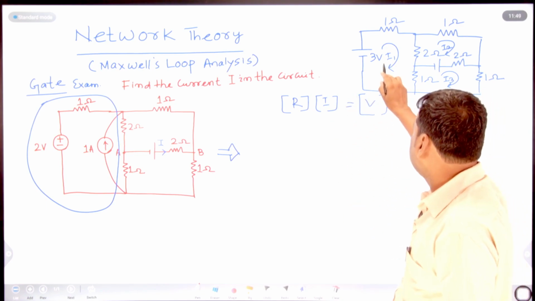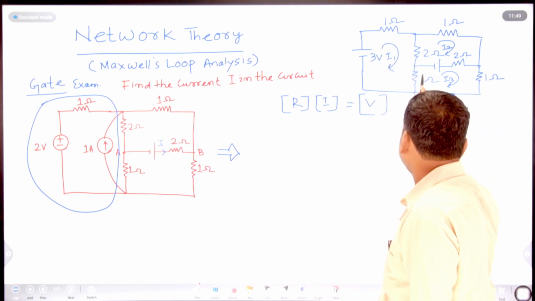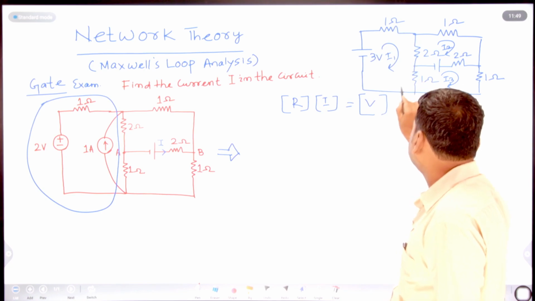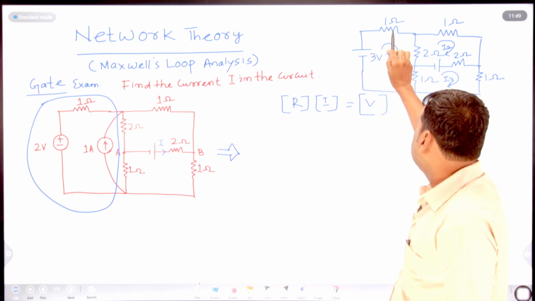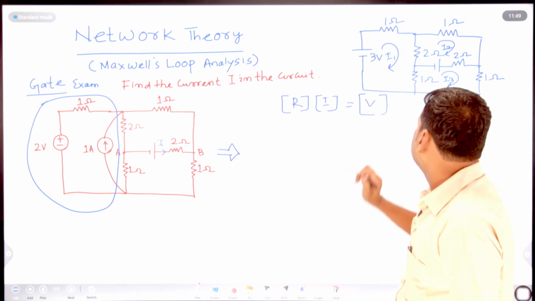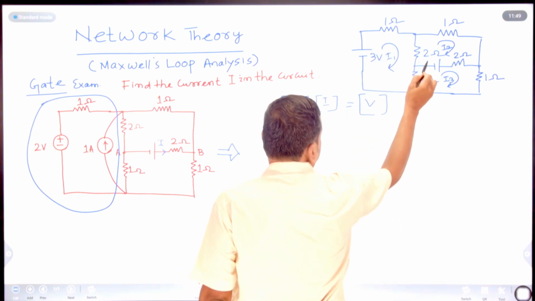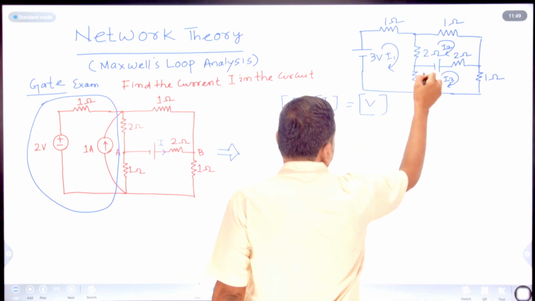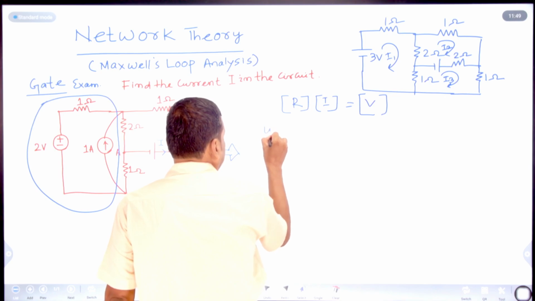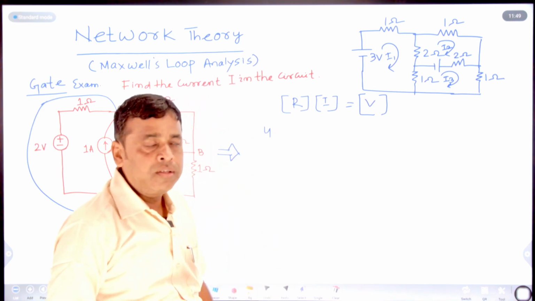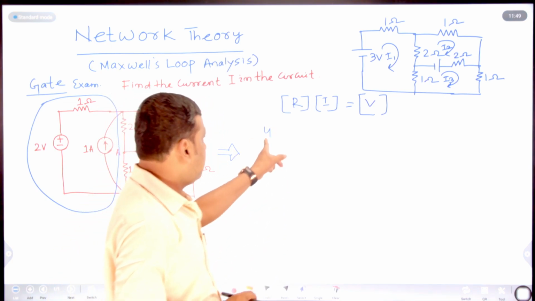First is loop 1, R11, the sum of the resistances formed by loop 1. How many resistances are in loop 1? 3 resistances, 1 plus 2 plus 1, that is 4 ohm, R11 is 4 ohm. Then R12.